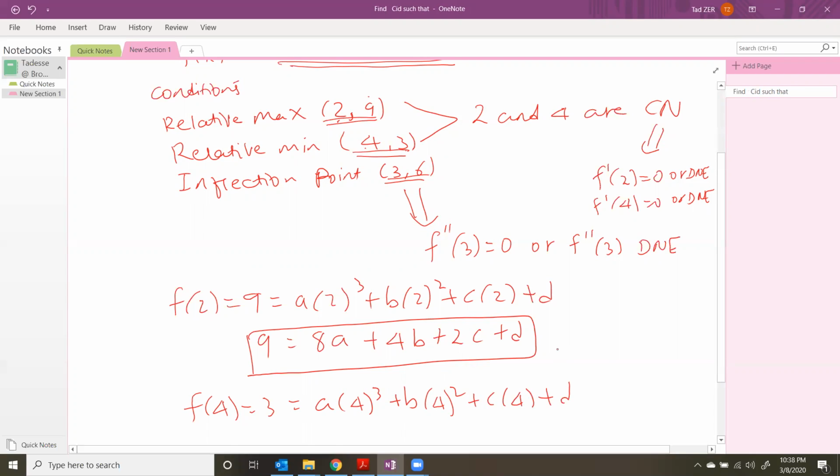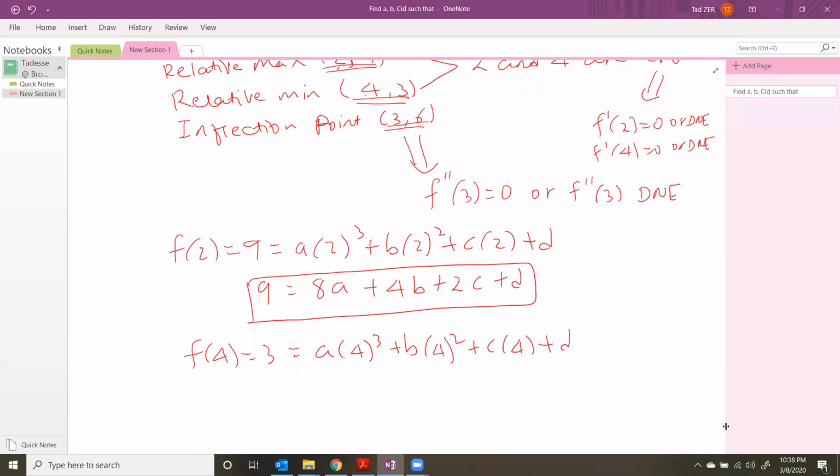When you simplify this, 4 cubed means 4 times 4 times 4, which is 64. So 64a plus 16b plus 4c plus d equals 3.